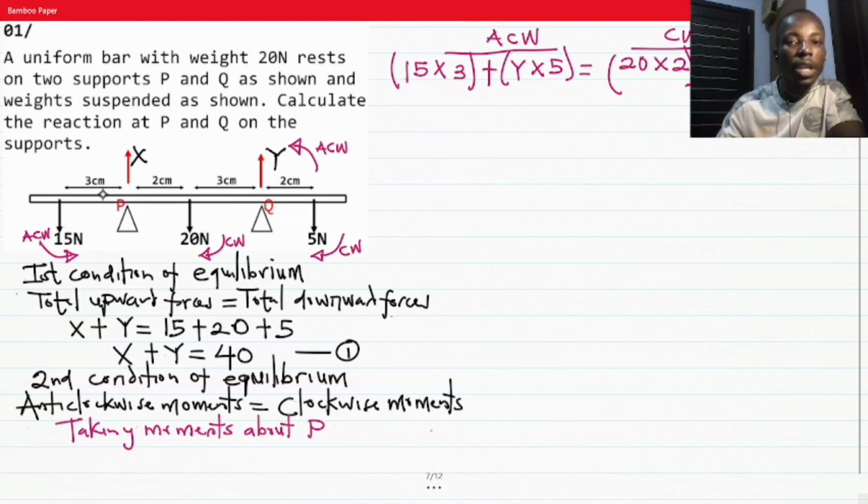So 15 times 3, that's what is here. Then we have Y times the distance here, which is 5.